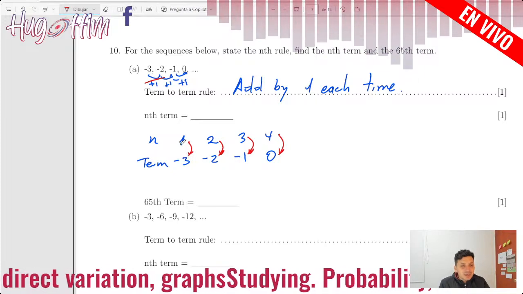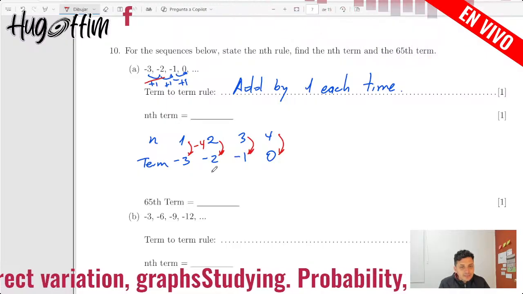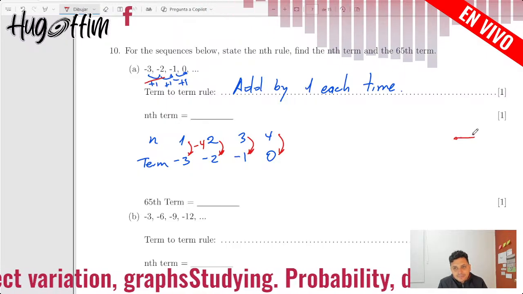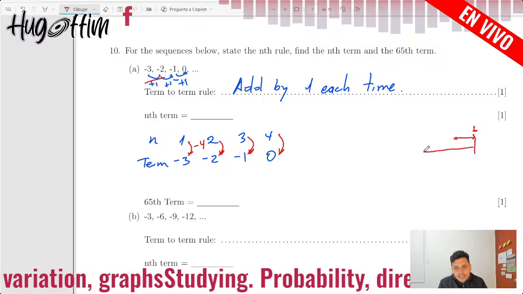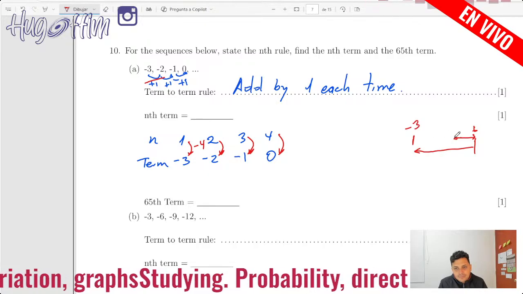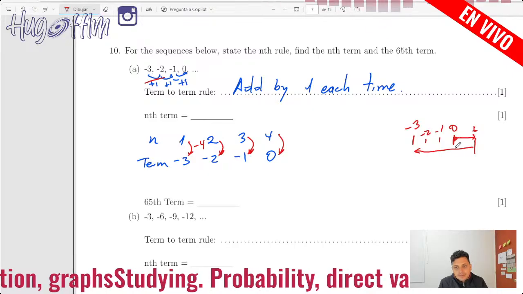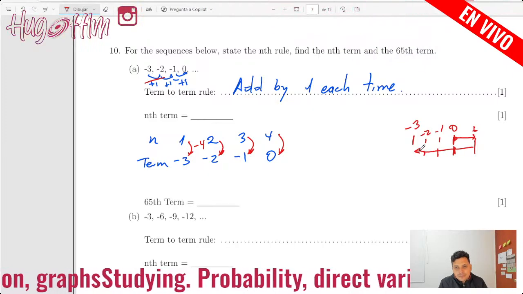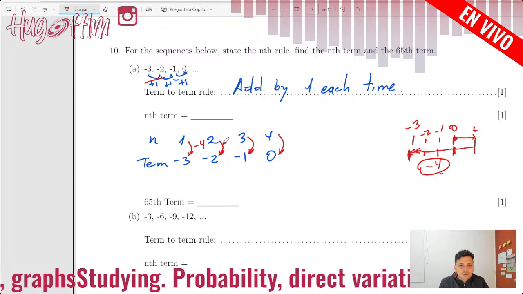In this case, 1 to get to -3 is going to be -4, right? If I'm at 1 and I want to go to -3, I need to move -4. So what I'm doing is subtracting 4.